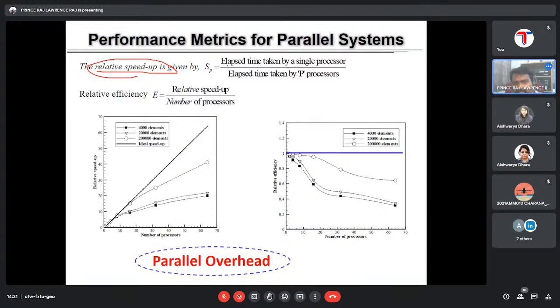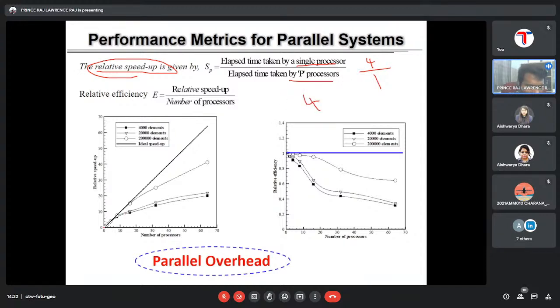Speed up is the time taken by a single processor divided by the time taken by p number of processors. For example, one processor takes, let's say, 4 seconds, and the p number of processors takes 1. This is the way we calculate it. So here the speed up is 4.